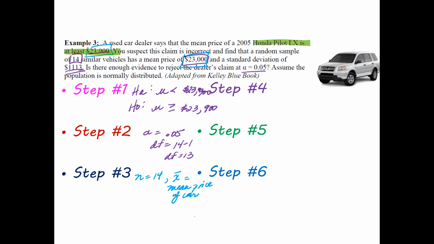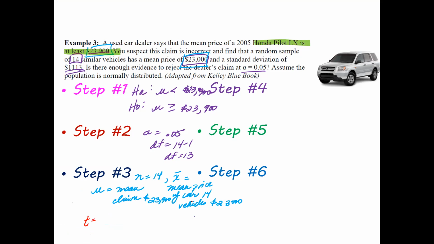Well, for this one, it is going to be the actual mean price of the 14 vehicles, which in this case is 23,000. And then of course, you also need to have the mu, which is going to stand for the mean of the claim, which is 23,900.